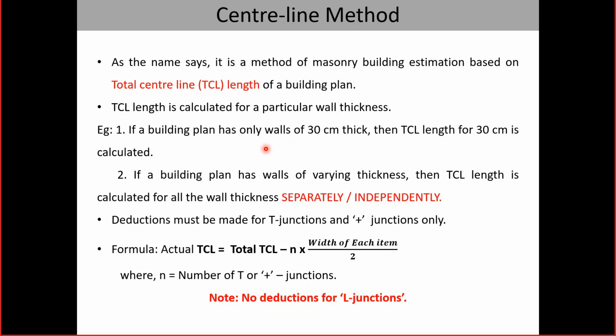The lesser thickness is usually 150 millimeters, right? If a building plan has walls of varying thickness, as I told you, outer wall is 30 centimeter and inner wall is 15 centimeter, then total center line length is calculated for all wall thicknesses separately. That means I have to separately calculate the total center line length for the 30 centimeter wall and the total center line length for the 15 centimeter wall.